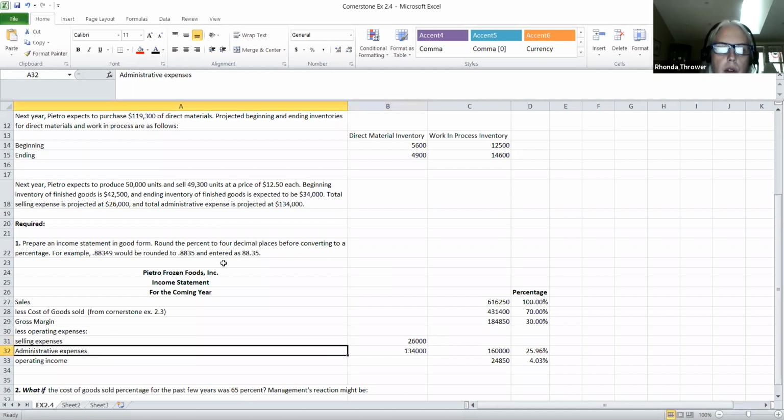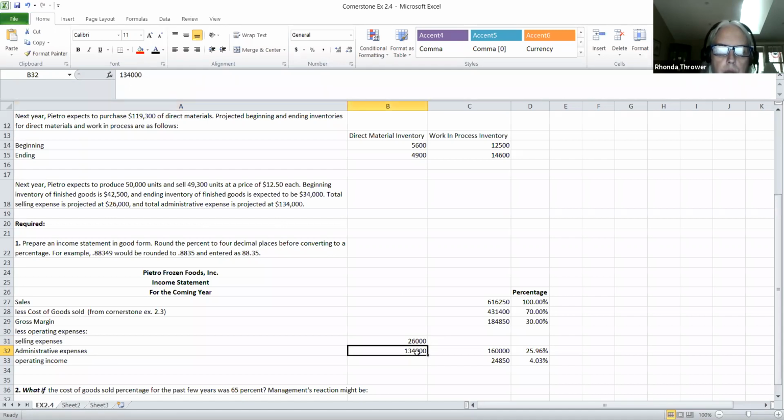Your administrative expenses were also given at $134,000. Selling expenses plus administrative expenses will give you your total operating expenses. The total operating expenses for this period of time is $160,000.